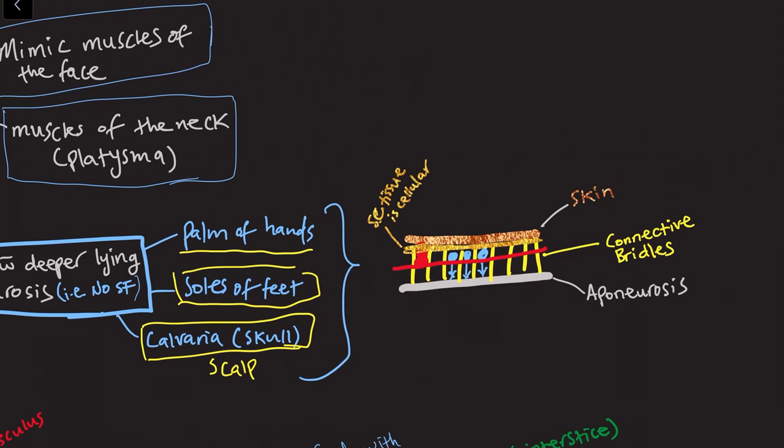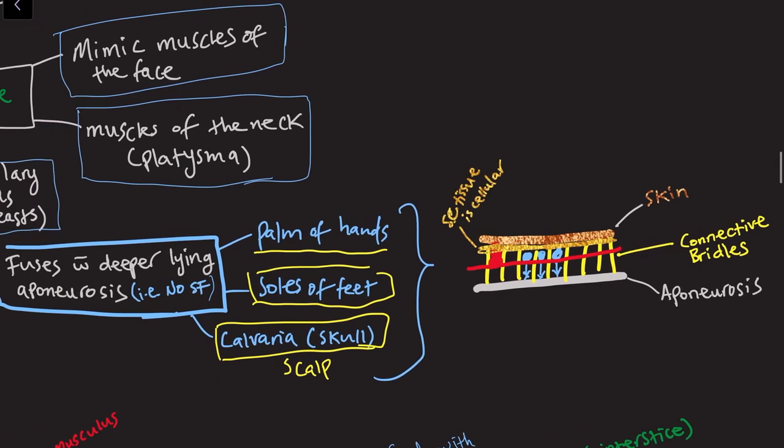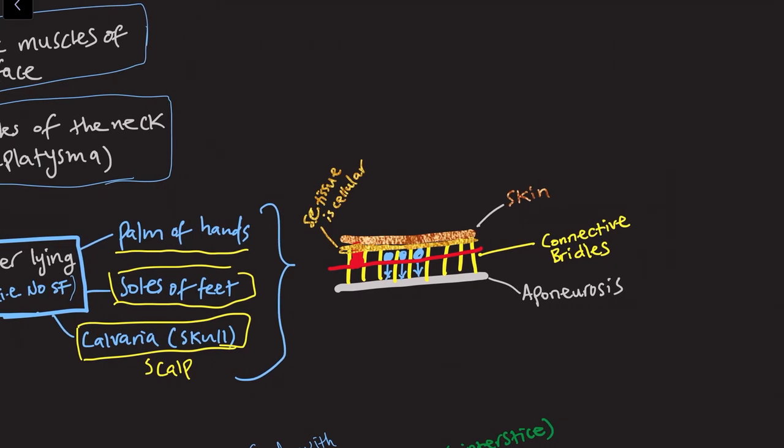Now, in those places where the fascia superficialis is fused with deeper lying aponeurosis, like the scalp, as we said, you have your skin. If you look at the schematic diagram, you have your skin, you have the connective tissue, connective bridles here, right? We'll look at these connective bridles.